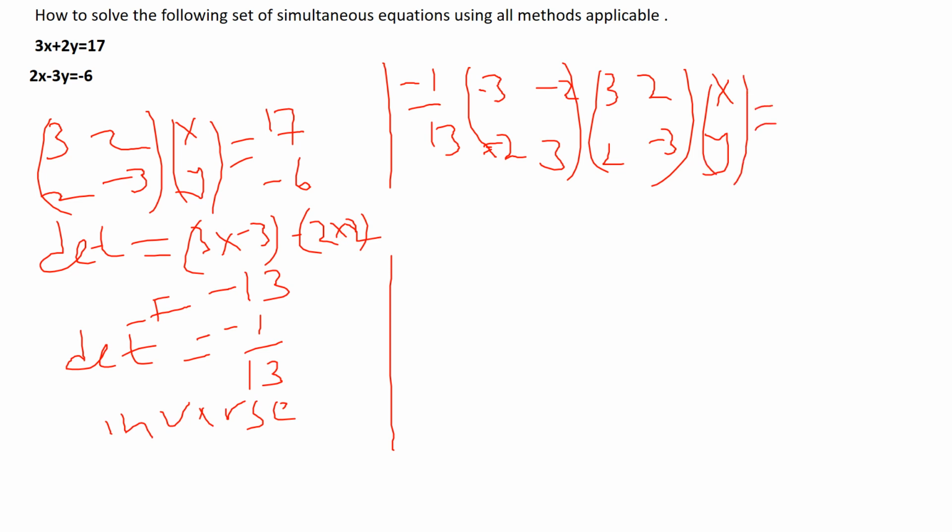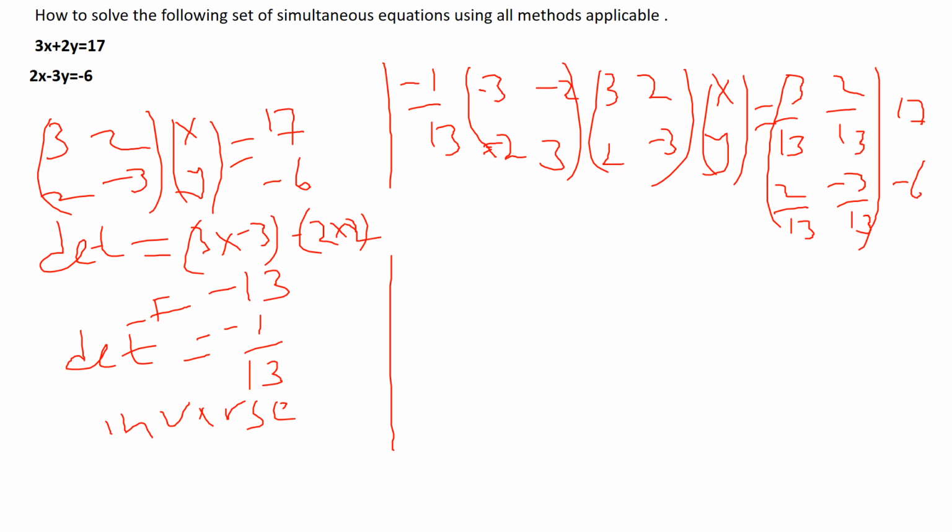So all these should be equals to what we have done on this side. We also do it on the other side. So in this side we can multiply this, so this becomes a positive 3 out of 13, and then if you multiply the other one becomes positive 2 out of 13, and then downwards we have positive 2 out of 13, and then negative 3 out of 13, and all these matrices is multiplied to what we had, which was 17 and negative 6.